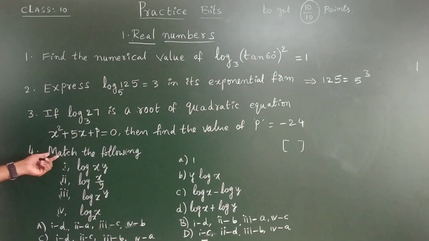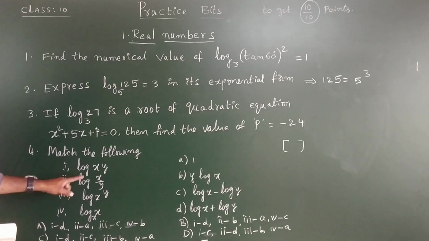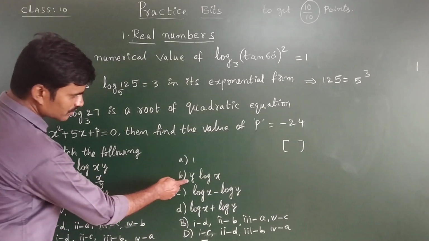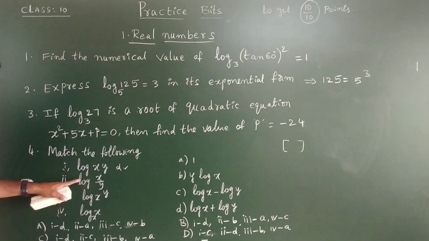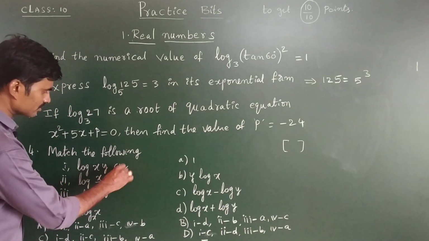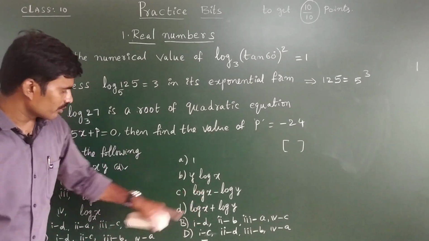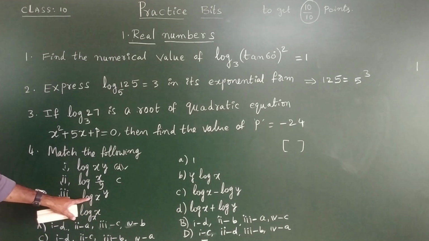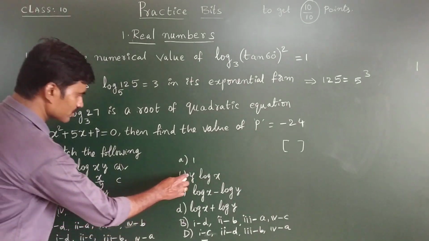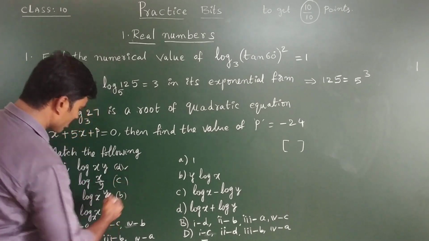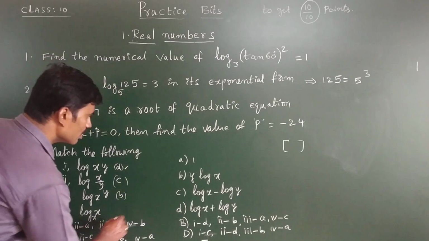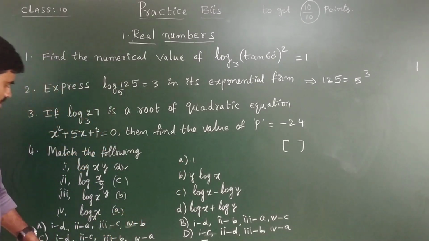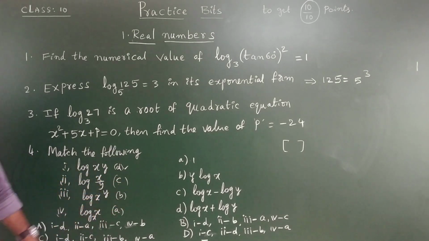Fourth one is match the following. This is very easy, but in the options confused. Log xy is equals to log x plus log y. So this option is D. Log x by y means log x minus log y, that is C. Log x power y means y log x, that is B. Log x base x, log a base a value is 1, so option A. So D, C, B, A in order.